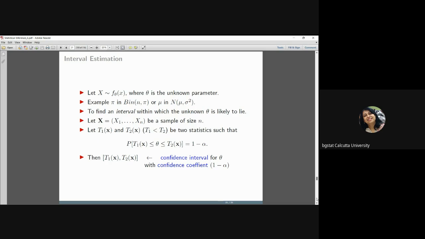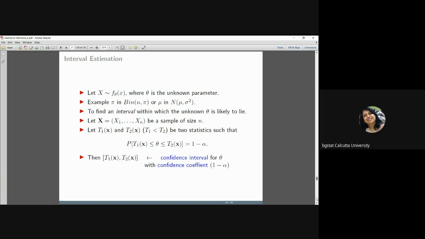So if I have binomial data, say, and I'm trying to estimate my success probability, and I observe that out of 10 tosses of a coin, I have 5 heads, it means that my sample estimator has a value of 5 by 10, which is half.